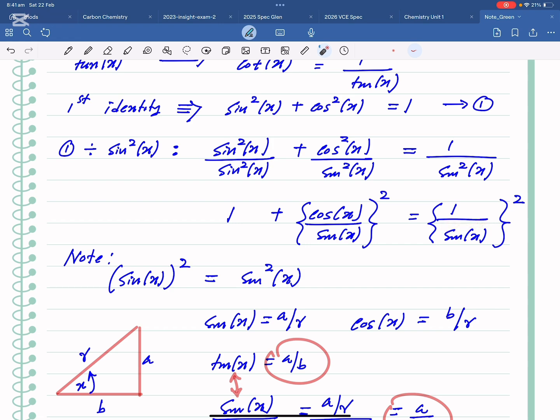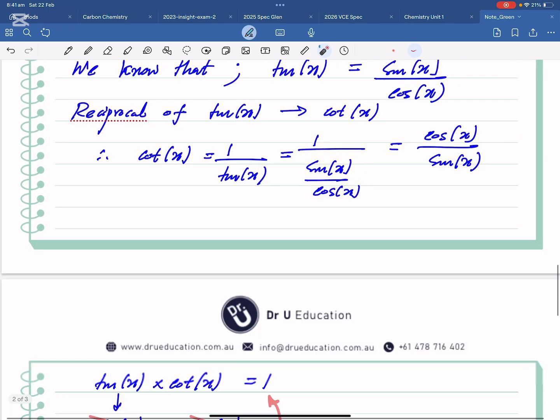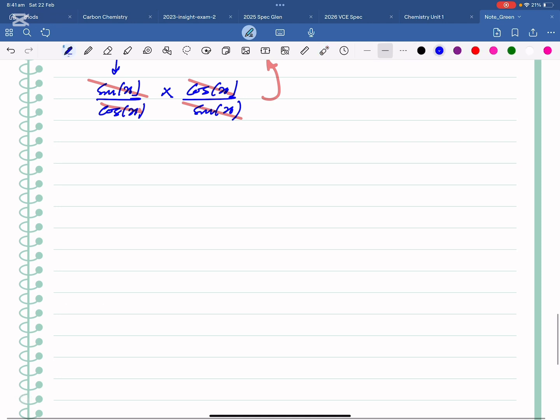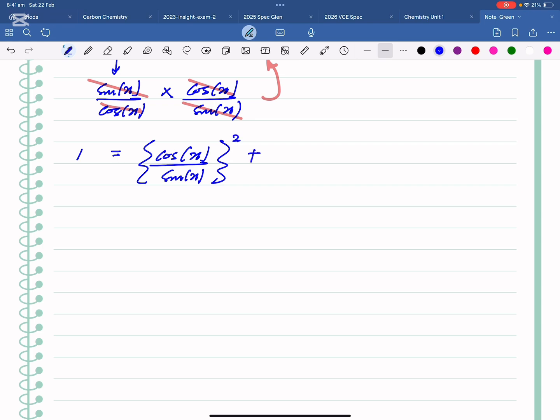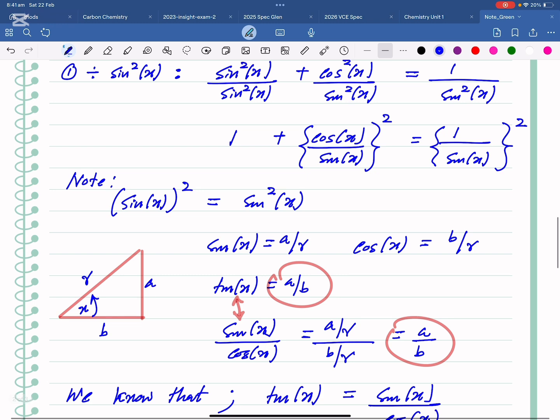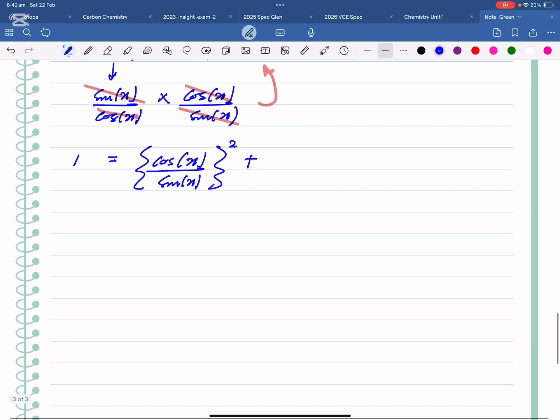If you replace it, what we had was 1 is equal to cos x divided by sin x, the whole thing squared, plus 1 plus, and then here you get 1 divided by sin x, the whole thing squared.